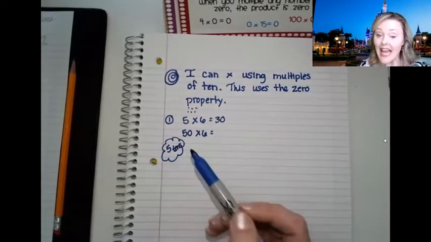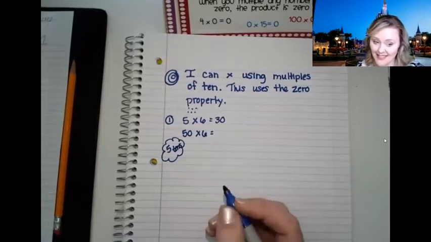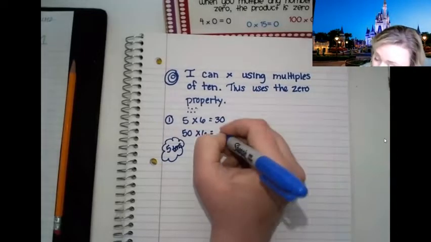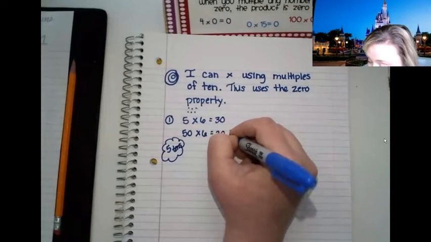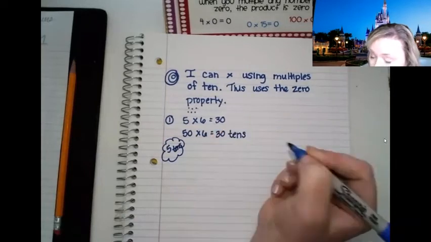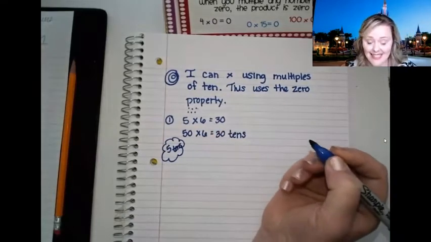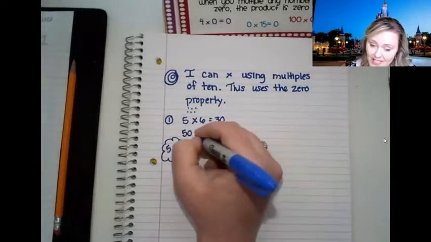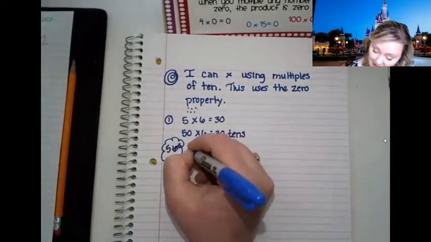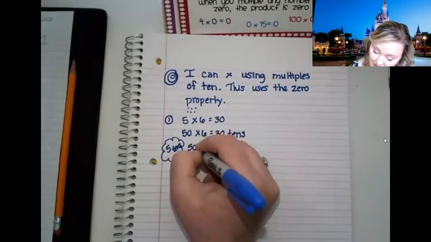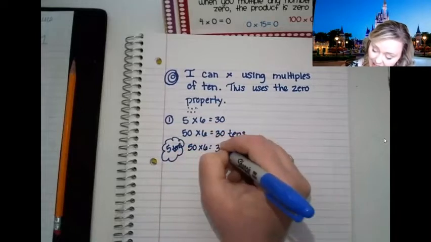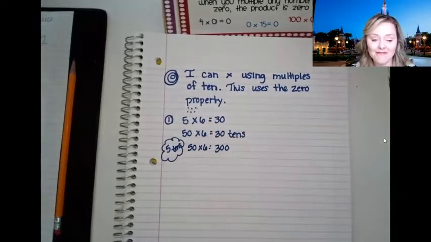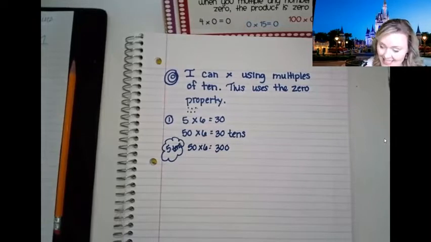So 5 tens times 6 would be 30 tens, which we know is the same as 300. So 50 times 6 is equal to 300. All right, let's do another one.